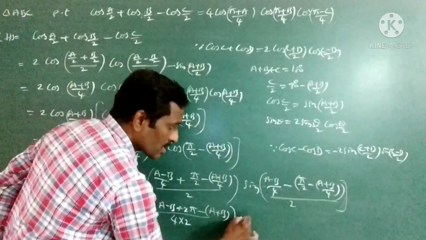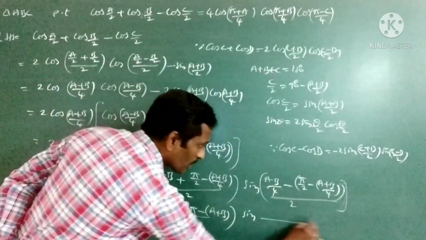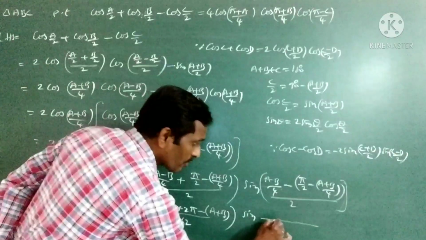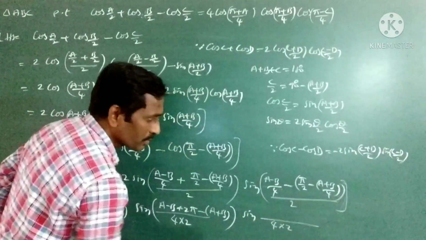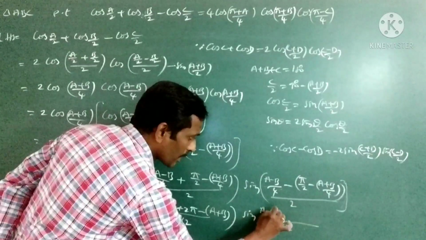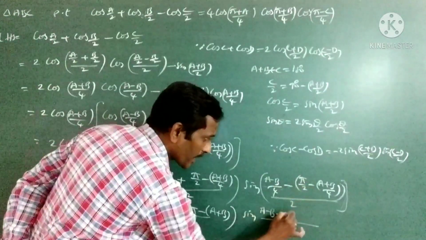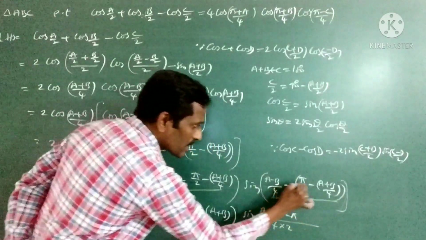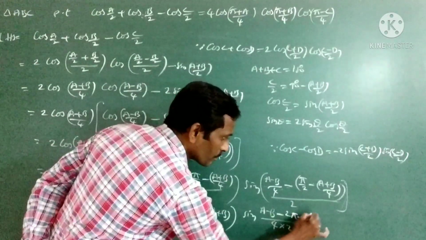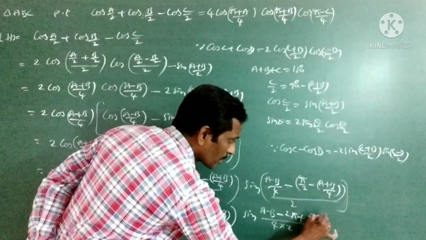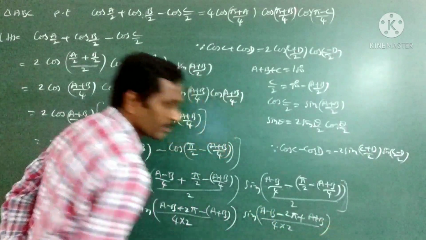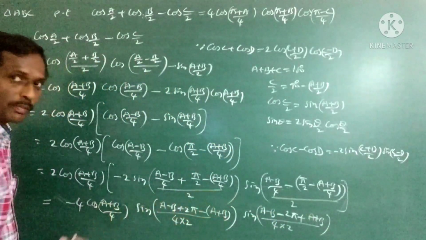Take the LCM in this also. Sine function LCM in the 4, 2 already we have. So here we get A minus B, minus sine, 2 becomes 2 pi now. Minus or minus sine plus A plus B as it is. Now once again you have to simplify this.